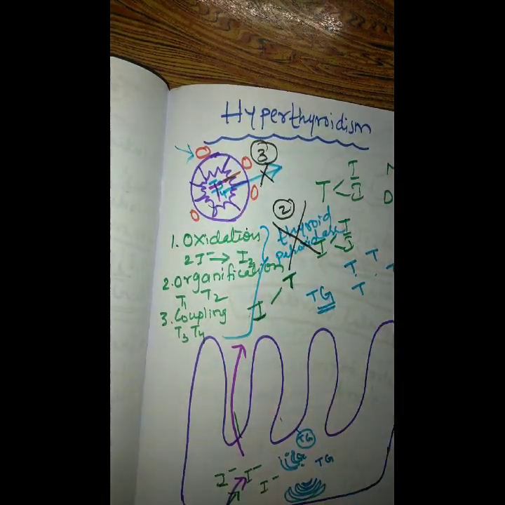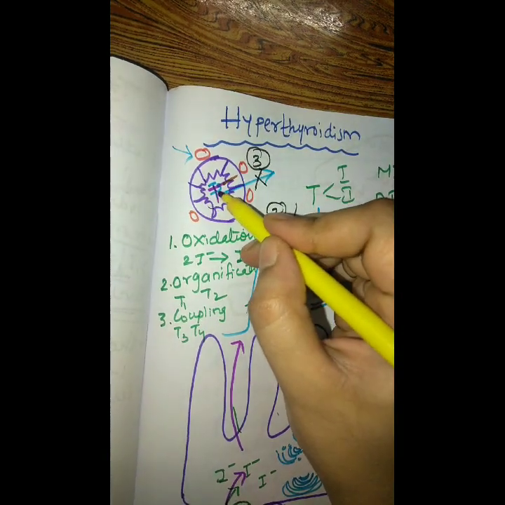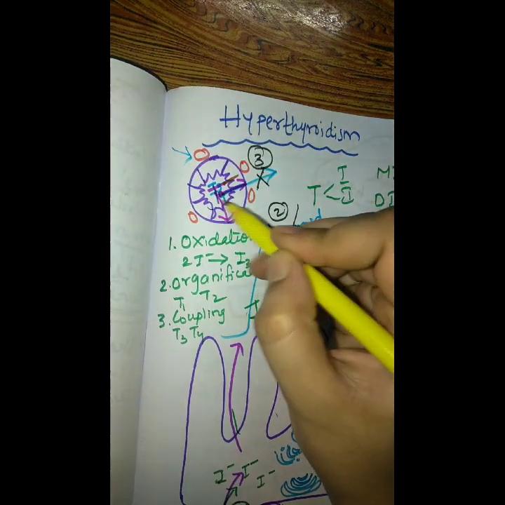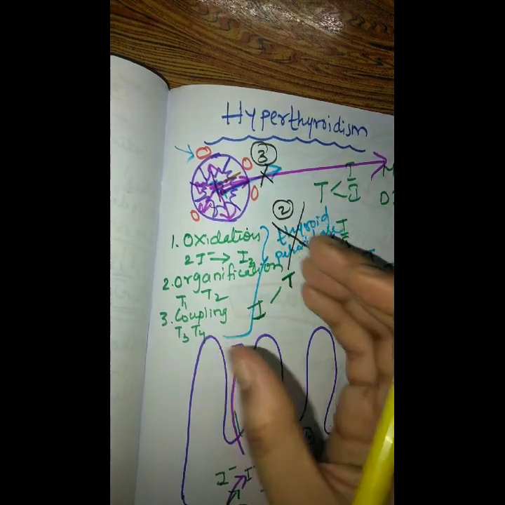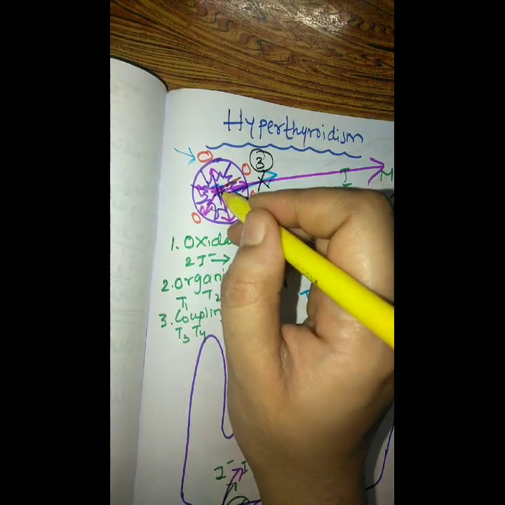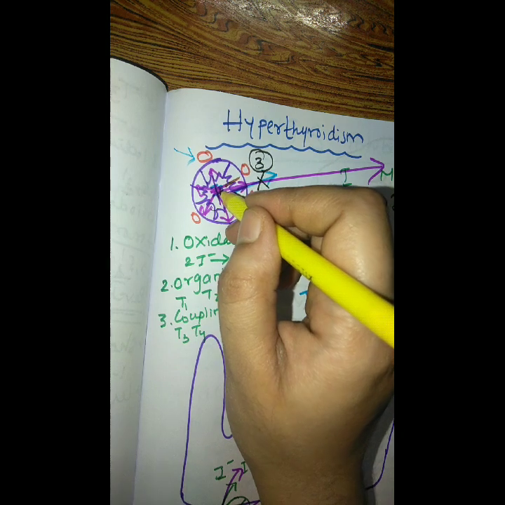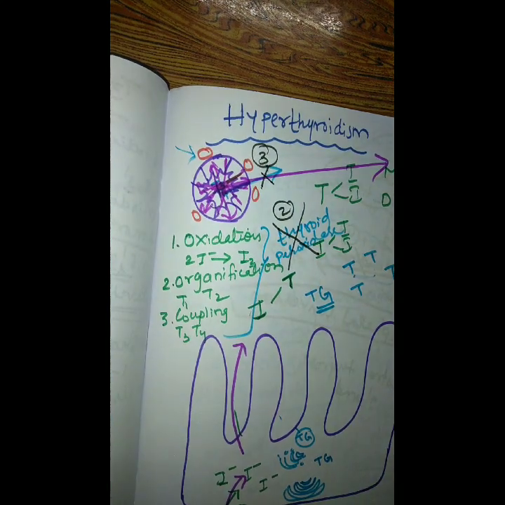Now the more important thing is that this radioactive iodine will produce radiation which is a kind of beta rays, and beta rays have less penetrating power. So it will not penetrate entirely. Suppose here is your radioactive isotope, it may penetrate till here only, and it will damage the entire thyroid follicle. The penetration power of the beta rays is limited, so it will be present at the center of the colloid, and from the colloid it will start producing rays and destroy the entire thyroid follicle, and ultimately the entire thyroid gland will be inhibited.